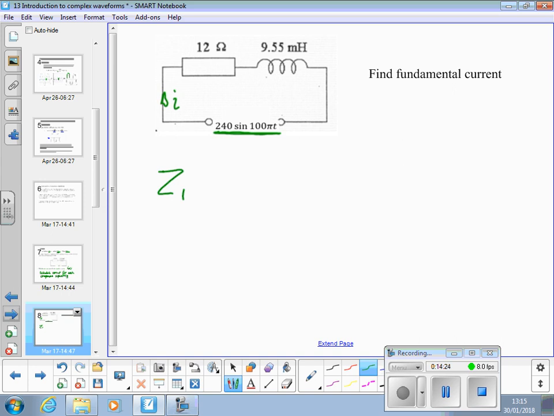This is going to be I1, the current due to the fundamental frequency. Formula for impedance in this type of circuit. R, yeah. So is there something we need to calculate first?